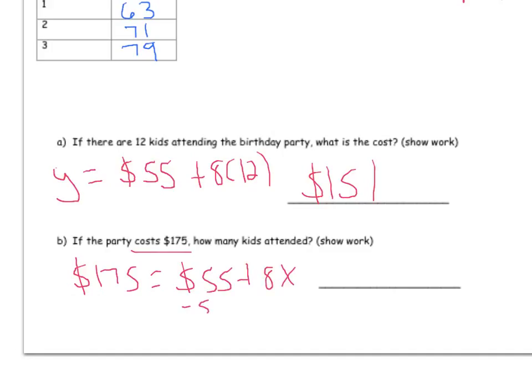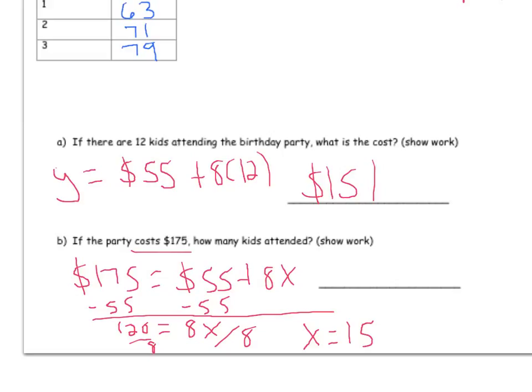You're going to subtract 55. And you'll divide both sides by 8. And you're going to find x is equal to 15. So how many kids attended?